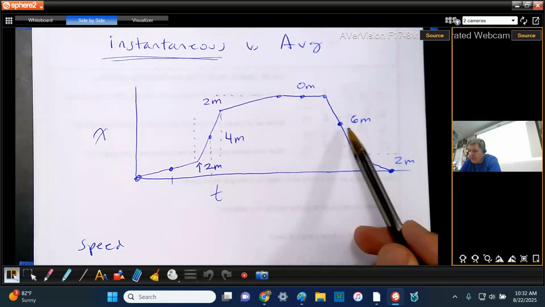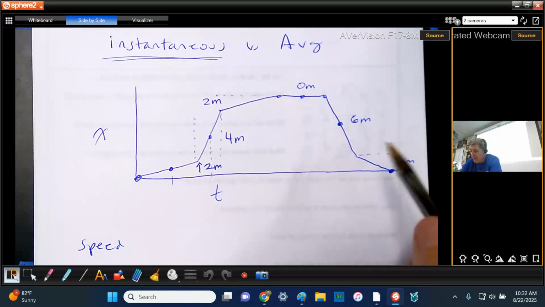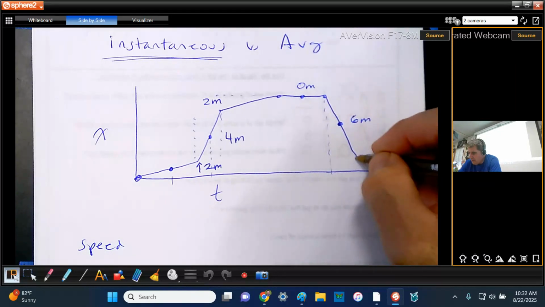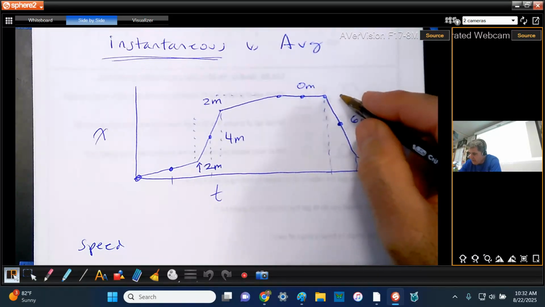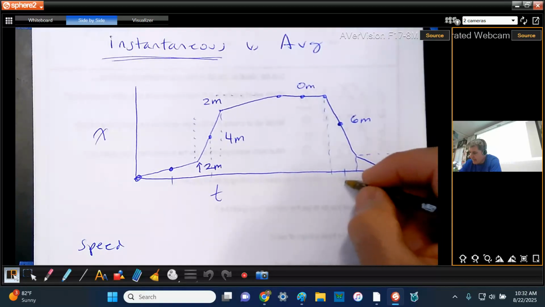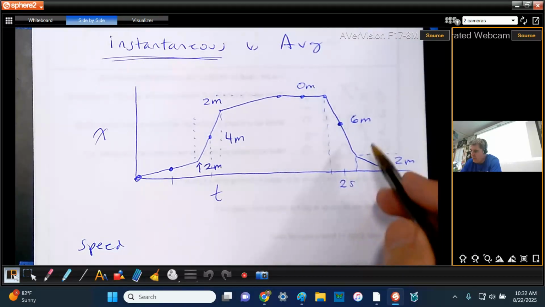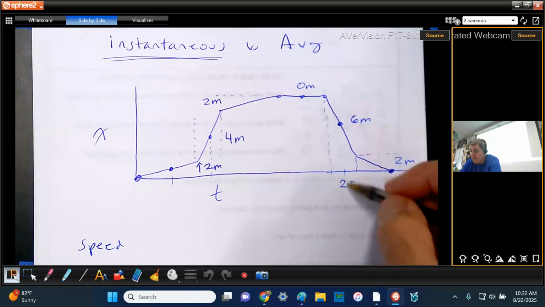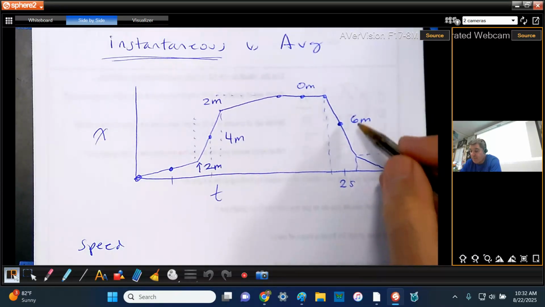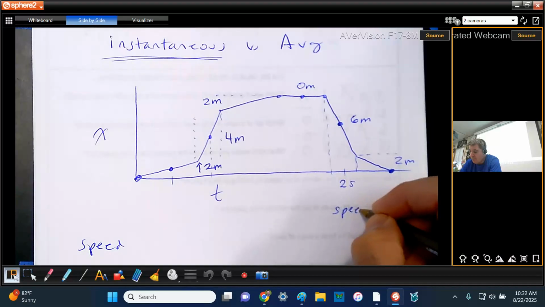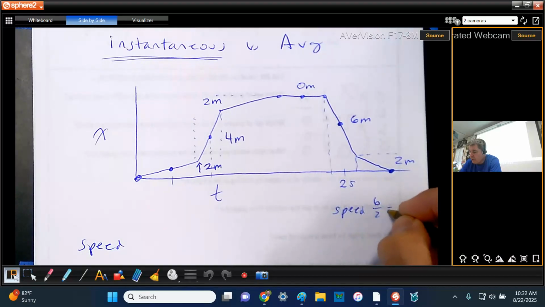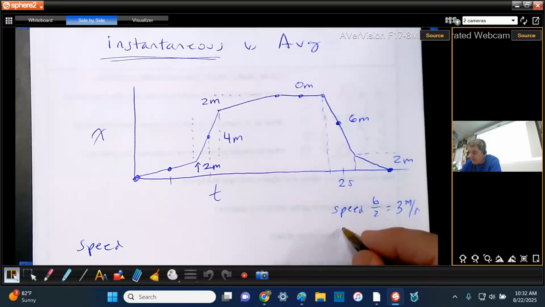Maybe this section right here is down 6, and maybe that's 2 seconds, right? So there will be a negative 6 over 2. My speed for this section would be 6 over 2, which would give me 3 meters per second. But my velocity for this section would be equal to negative 6 over 2, which gives me a negative 3 meters per second, for example.